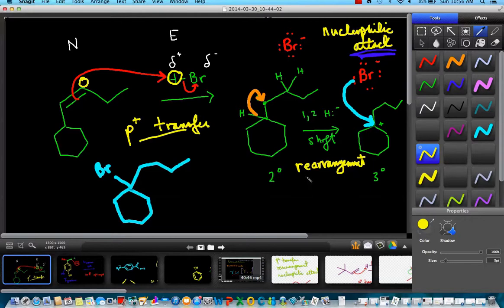Now, not everything's going to have a rearrangement, but every time we do an addition reaction, and y'all put me to the test on this, it will have a proton transfer step and a nucleophilic attack step.